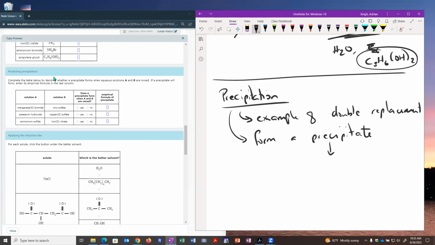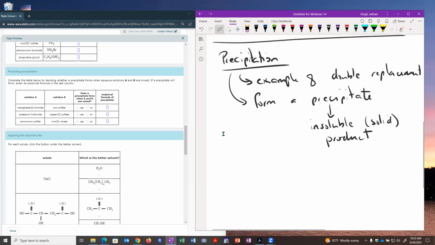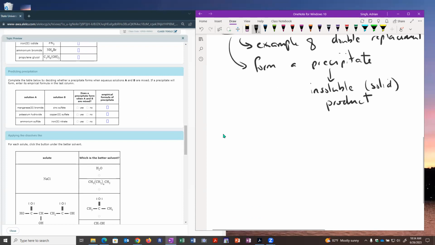Right, and a precipitate is an insoluble, so this would be then a solid product that's made. Okay, and how do we know that an insoluble or precipitate is going to be made? We have to look up in the solubility table to decide whether an ionic compound will be soluble or insoluble. So let's take a look at an example.